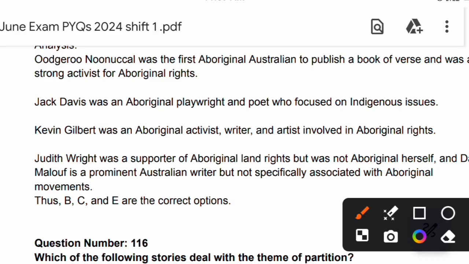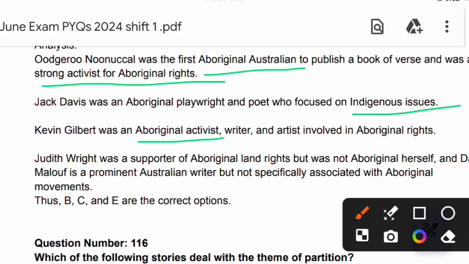Oodgeroo Noonuccal was the first Aboriginal Australian to publish a book of verse and was a strong activist for Aboriginal rights. Jack Davis was an Aboriginal playwright and poet who focused on Indigenous issues. Kevin Gilbert was an Aboriginal activist, writer, and artist involved in Aboriginal rights.